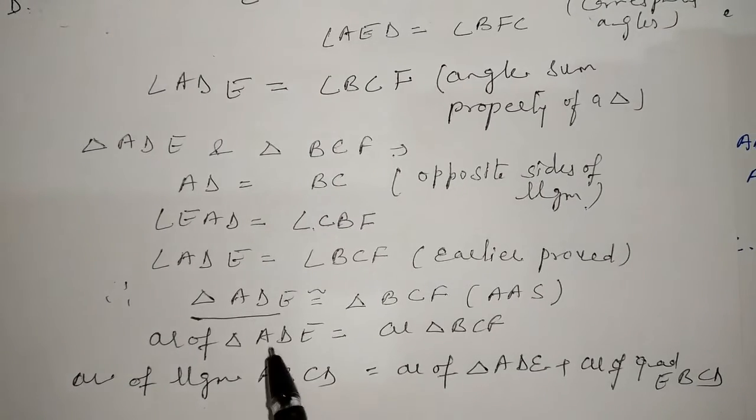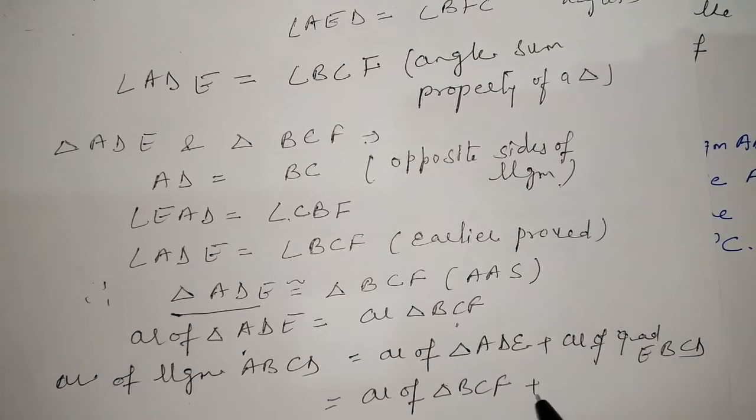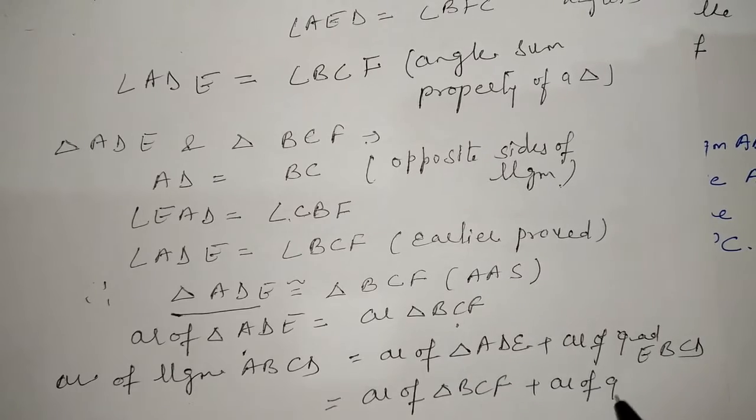Now we'll replace ADE by BCF. So area of triangle BCF plus area of quadrilateral EBCD.